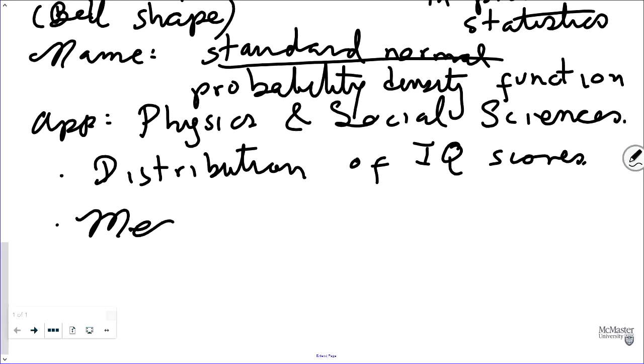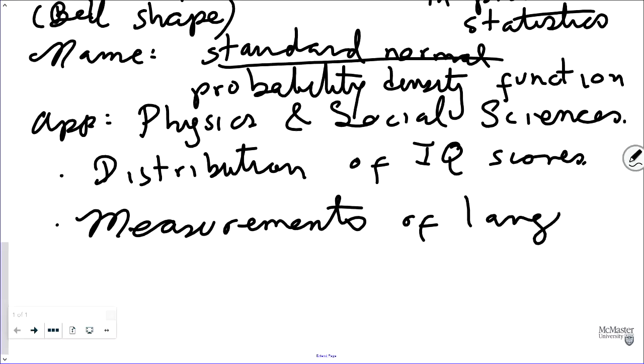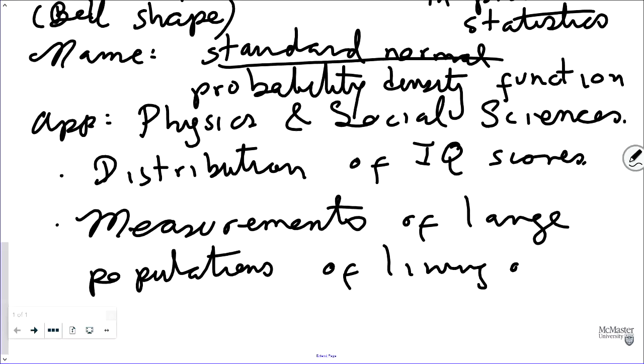So another application is the measurements of large populations of living organisms.